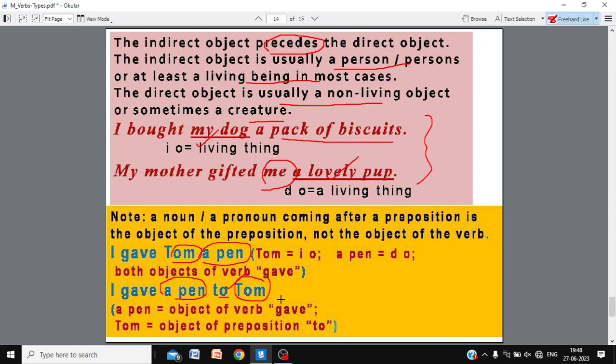Gave is a verb. So when you say I gave Tom a pen, Tom, a human being, is the indirect object, and a pen, a non-living thing, is the direct object. I gave a pen to Tom: only one object of the verb. The second is the object of the preposition.